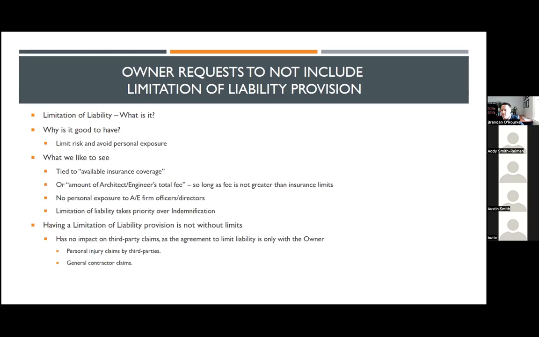You don't want to get in a situation where you negotiated the risk with the owner for a direct claim against you for a design error, and you've set the ceiling as the amount of your fee, but if somebody trips and falls, again, going up the stairs, and the owner asks for indemnification, you are not limiting your exposure, and it's uncapped. So just be wary of that.